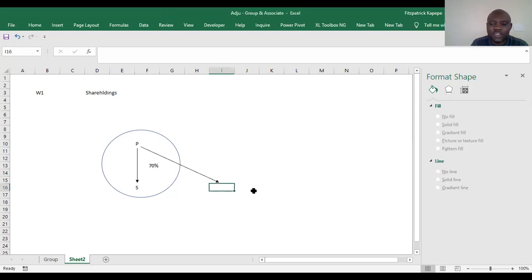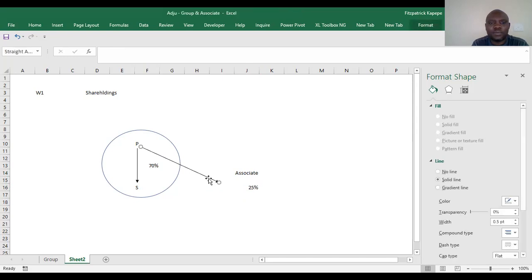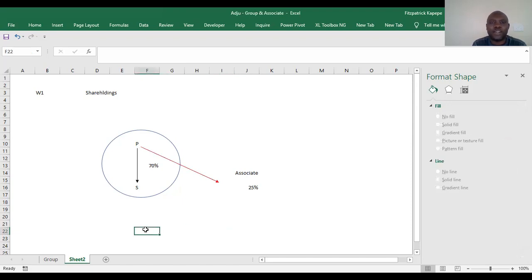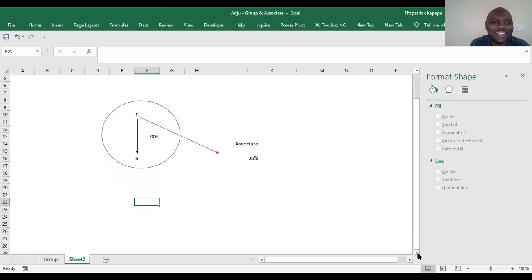So in this case, Ben is basically the associate, of 25%. So done, it's just a half mark. Don't even mind it, but it's half a mark.